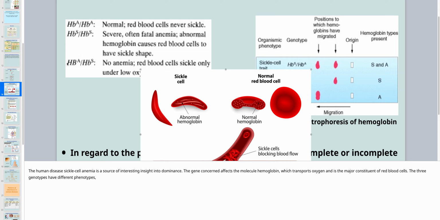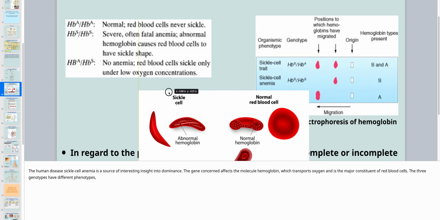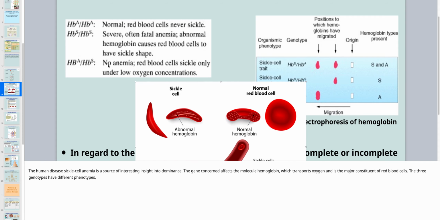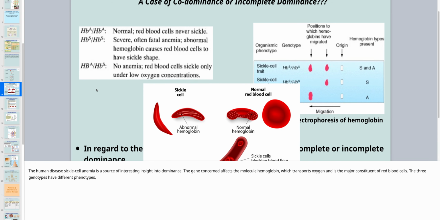Then there are individuals that are heterozygous at this locus. This condition is known as sickle cell trait. These people don't have sickle cell anemia or sickle cell disease, but they have sickle cell trait. Generally, under most conditions, they do not experience anemia.